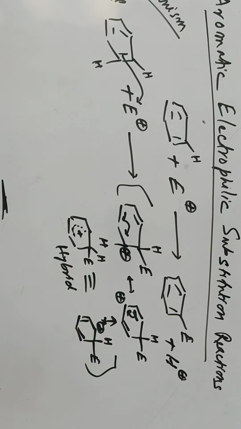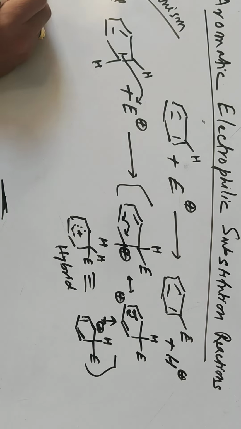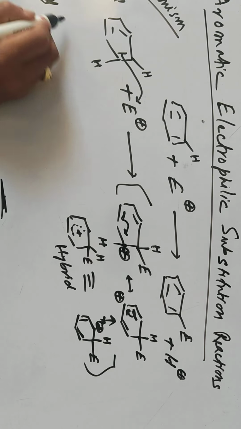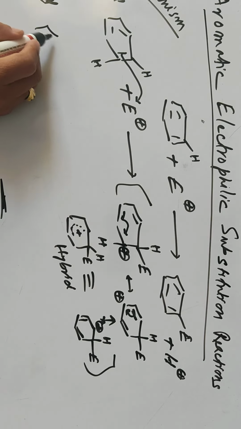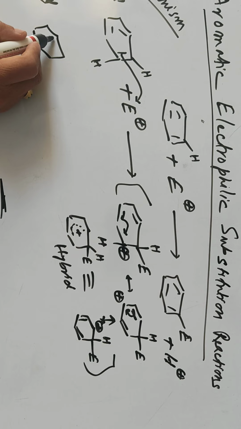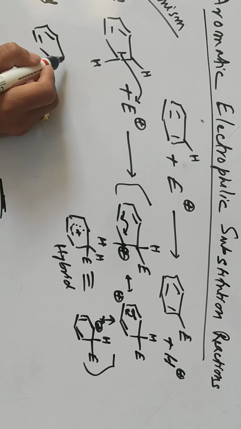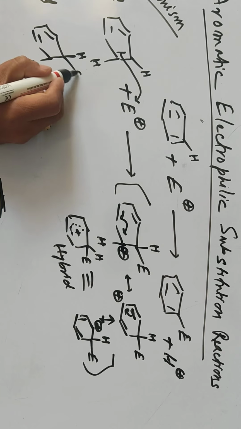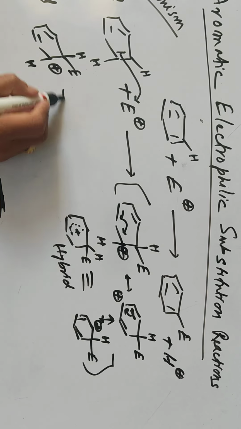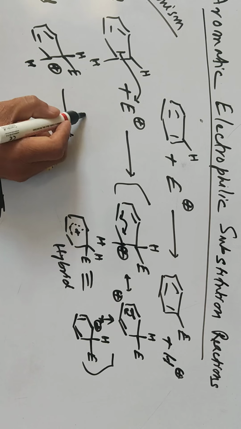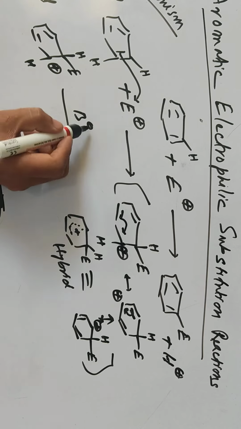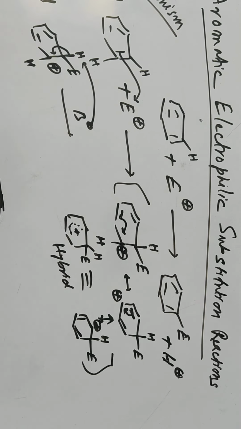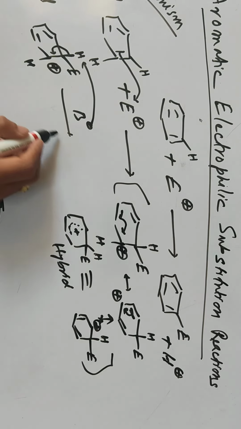This is the first step involved, and then in the second step, the carbocation loses one proton, attacked by a base. Let's say this hydrogen here and the electron pair, putting the charge here. This is the loss of one proton, and we get this final product.